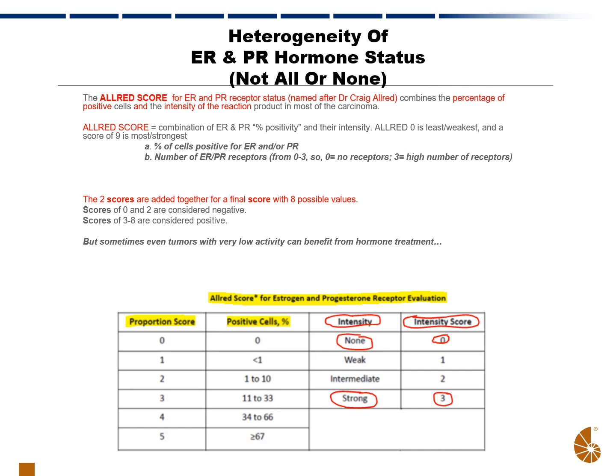So here's a big word, heterogeneity. In other words, a mixture of estrogen receptor and progesterone receptor hormone status. Not all or none. So the Allred score, named after Dr. Craig Allred, combines the percentage of positive cells and the intensity of the reaction of the cancer cells in regard to the receptor status.